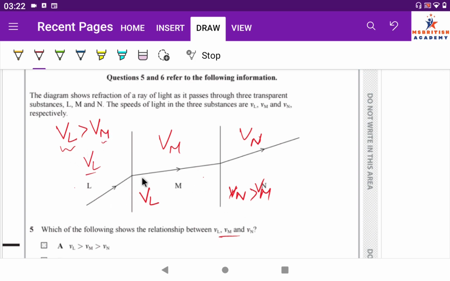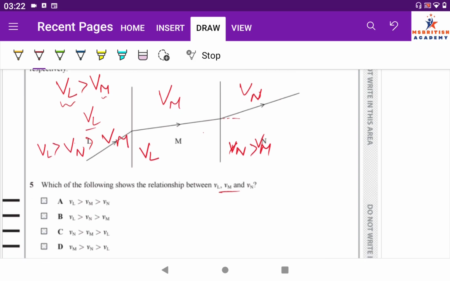So how do you say which one is greater between VL and Vn? In this case the light bends more, and in this case light bends less. So you can say that VL is going to be higher than Vn, and Vn higher than Vm. So from this relation you can say B is the right answer.